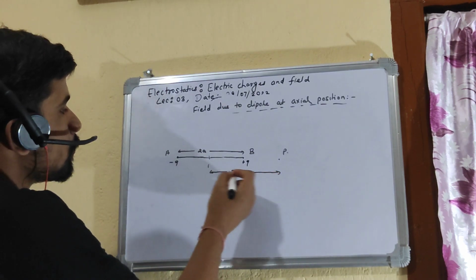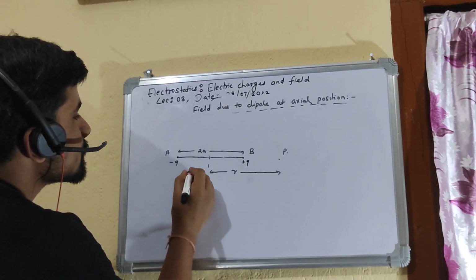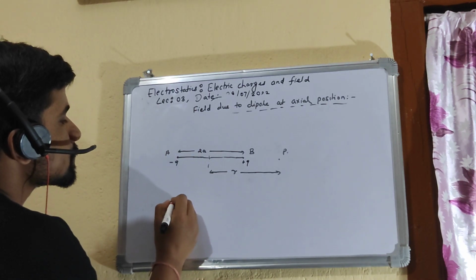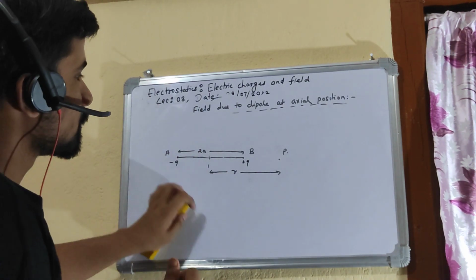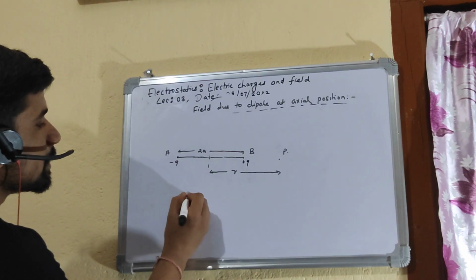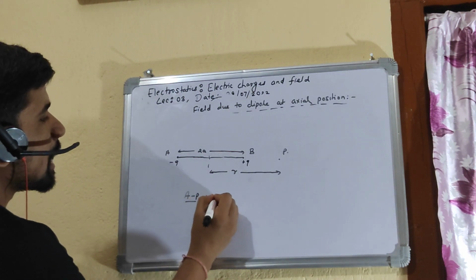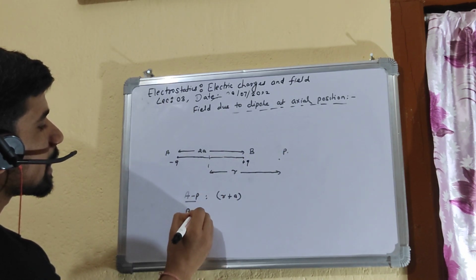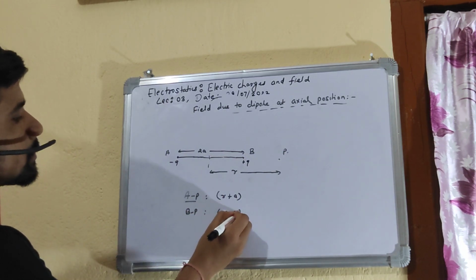So now both fields are of different magnitudes, right? So now from A to B the distance is 2a. A to P distance is r plus a, and B to P distance will be r minus a, right?